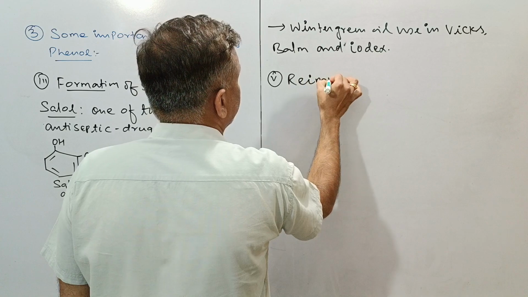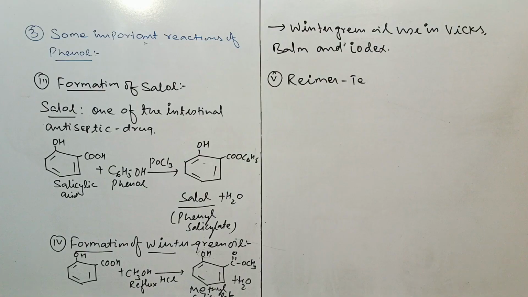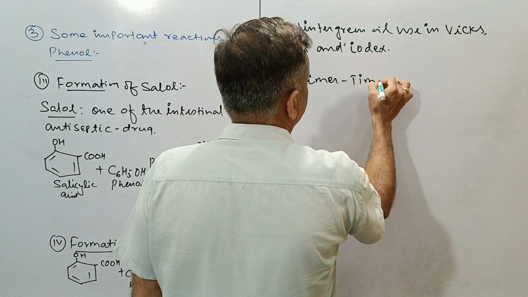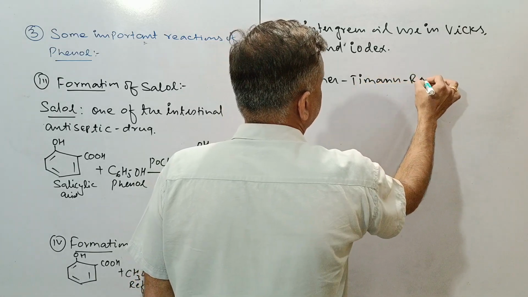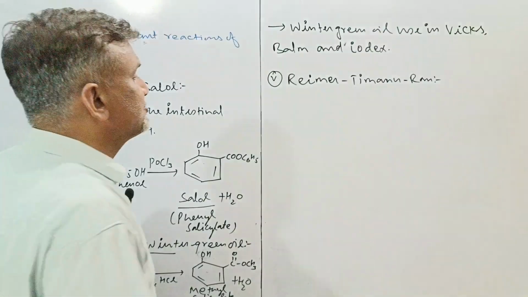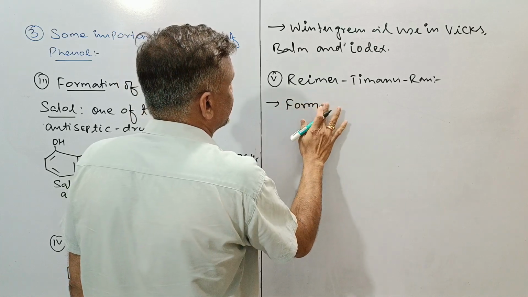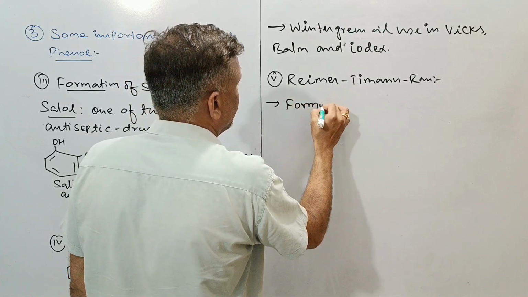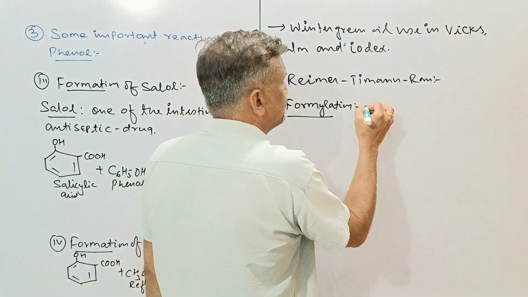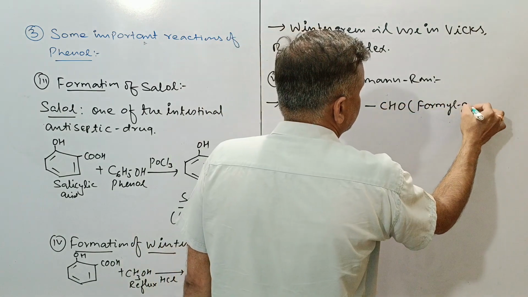This is the Reimer-Tiemann reaction. If we will go with the Reimer-Tiemann reaction, then it exists two types. First is your Reimer-Tiemann formylation. During this process, it will be substitution of formyl group as a CHO group.